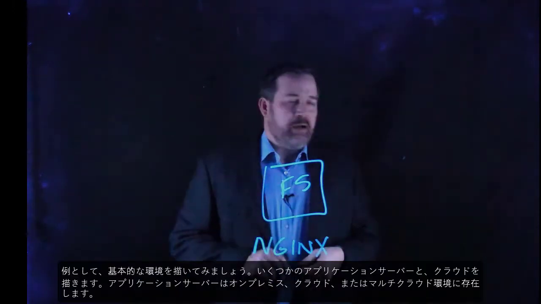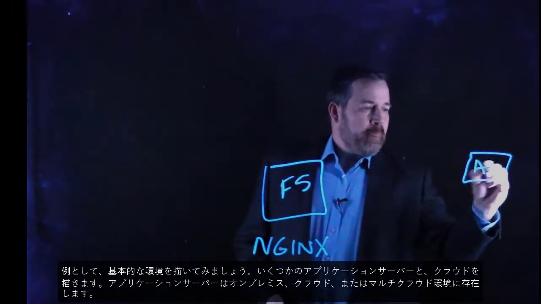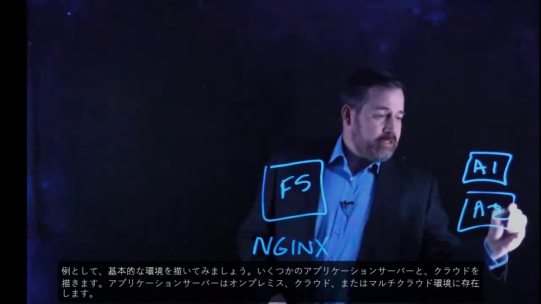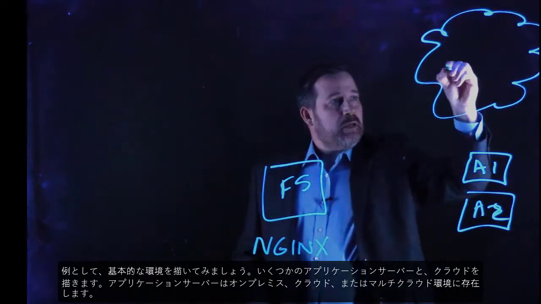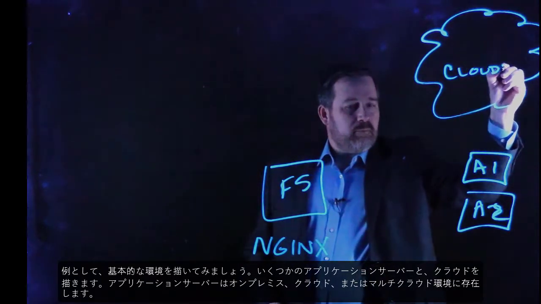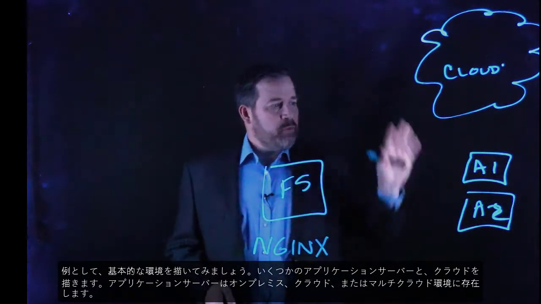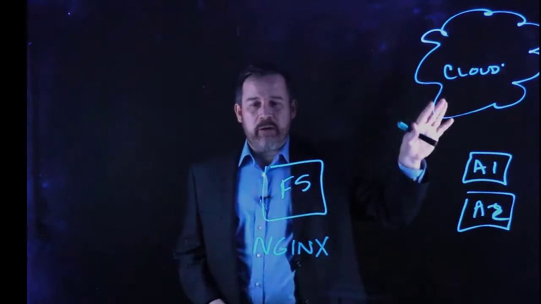Right, so let's sketch out a basic environment just to run through that. I'm going to put a couple application servers out here. That's a 2. And then I'm going to draw a cloud. So these are your application servers, whether they're on-prem or in a cloud or multi-cloud environment.